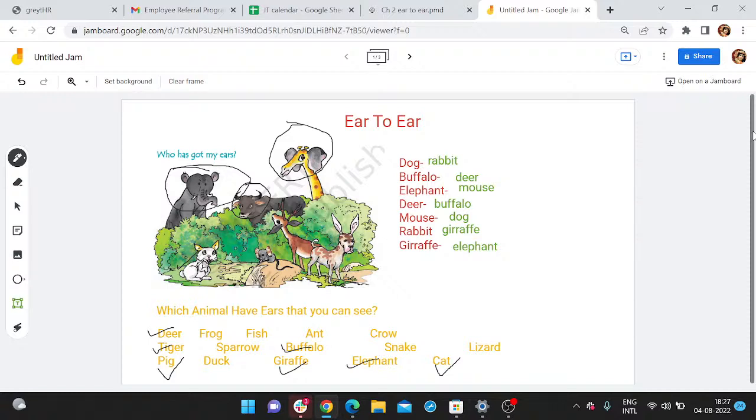So this is going to be your homework. आप इसको सोच कर आना कि कौन से animals हैं, and you can put them in your notebook. You can note them in your notebook. और आप उस animal का नाम figure out करना और बताना ears कैसे थे. आप ears को describe भी कर सकते हो, and whether we could see them or not, ये भी आप लिख सकते हो. So let's move on to the next page.